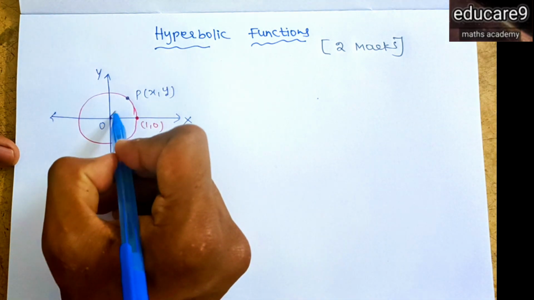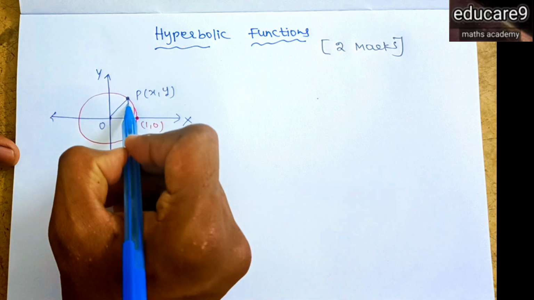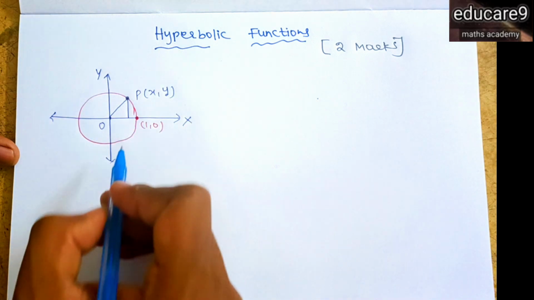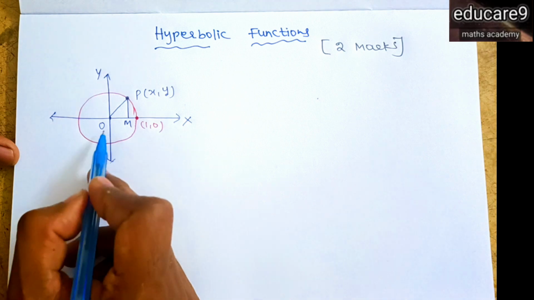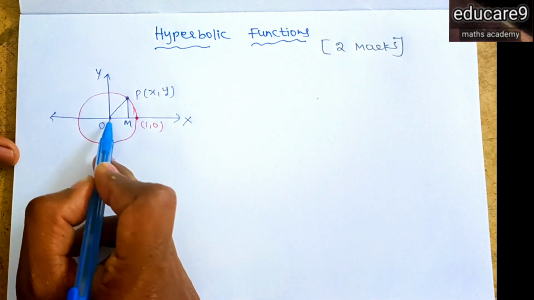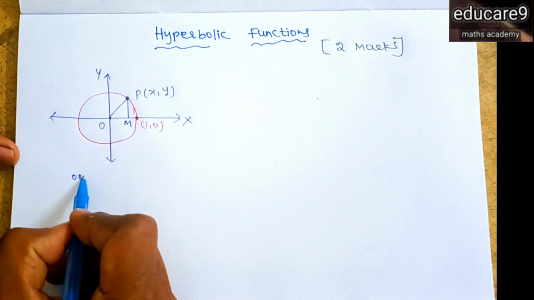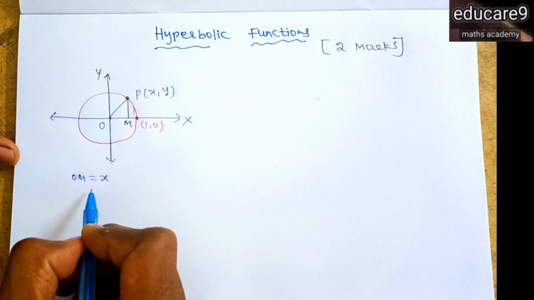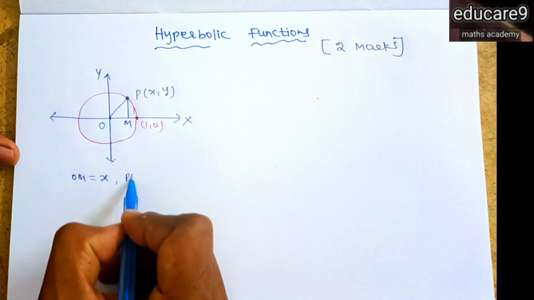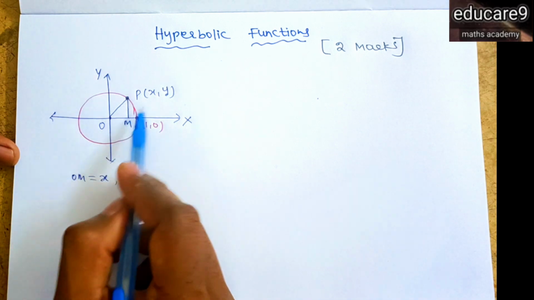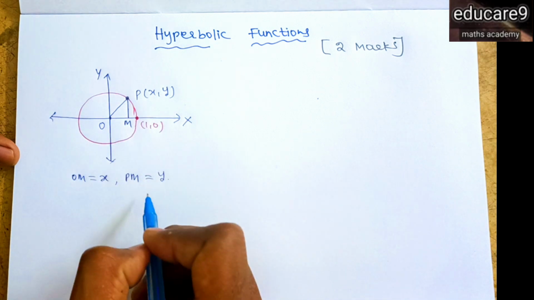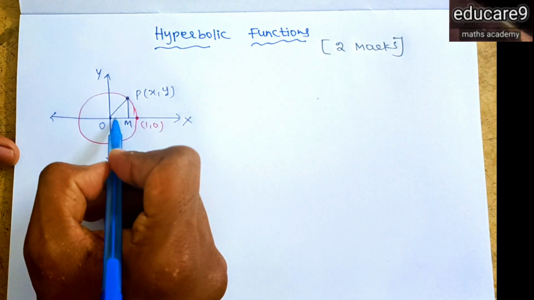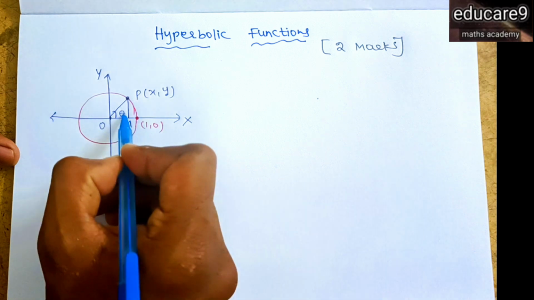Join OP and draw a perpendicular line from P to the x-axis, meeting at the point M. Now clearly the horizontal distance OM equals the x coordinate of P, and PM means the vertical distance, that is the y coordinate of P. The angle between OM and OP is some angle theta.